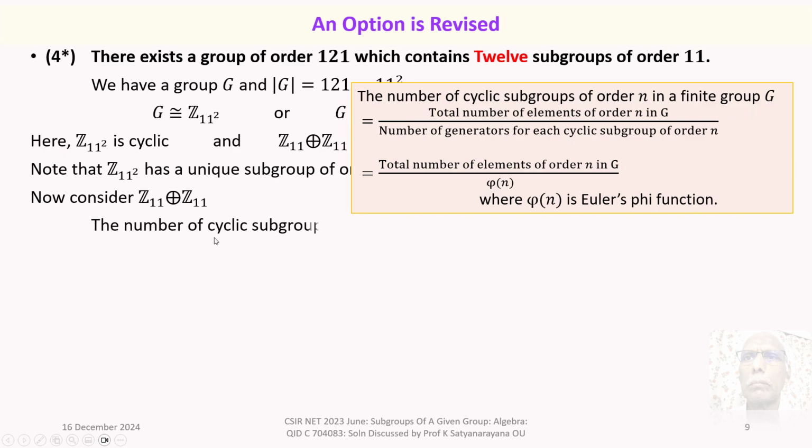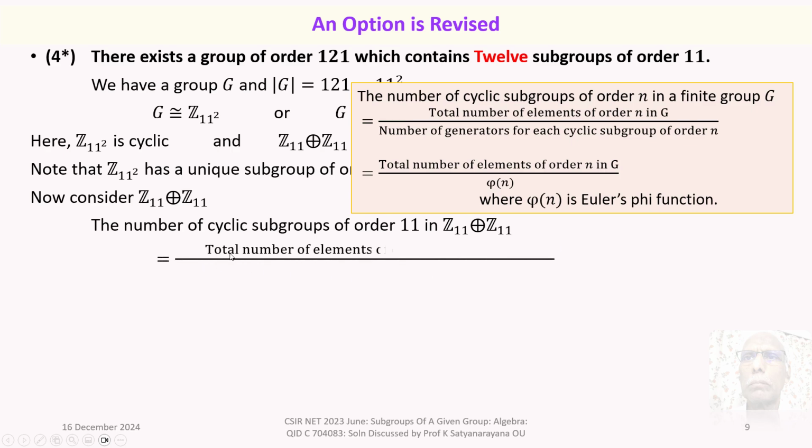Now we apply this. The number of cyclic subgroups of order 11 in Z11 plus circle Z11 is equal to the total number of elements of order 11 in Z11 plus circle Z11 divided by the number of generators for each cyclic subgroup of order 11. The denominator is phi of 11. Since 11 is prime, it is 10. Now how many elements of order 11 are there in Z11 plus circle Z11? Out of these 121 elements, one element is of order 1, that is the identity.